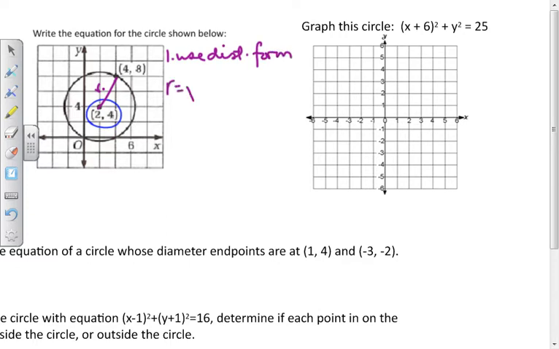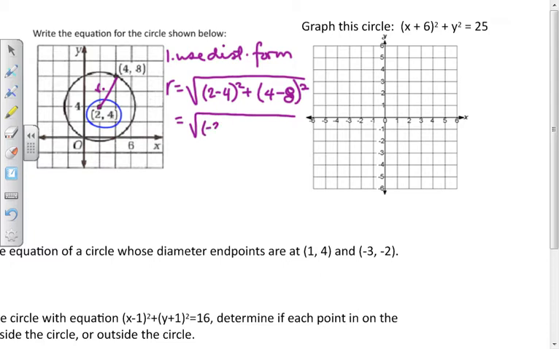And so r is going to be equal to the square root of the x's subtracted squared plus the y's subtracted squared. So 2 minus 4 is going to be minus 2 squared plus 4 minus 8 is minus 4 squared. Please be very careful with your subtraction signs. Minus 2 squared is 4 plus 16. And so I have the square root of 20.